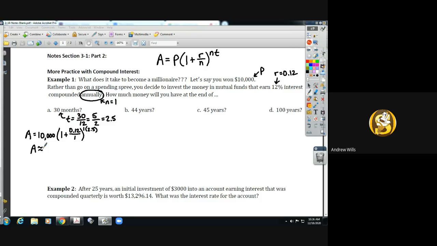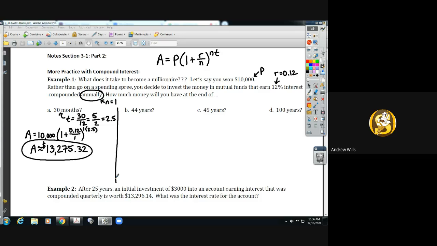We don't need the divided by 1, because when we divide by 1, nothing happens. To the 2.5 or 5/2 power, because 1 times 2.5 is 2.5. And we're going to round this answer off to the nearest cent, which would be $13,275.32 would be in that account after just 30 months.